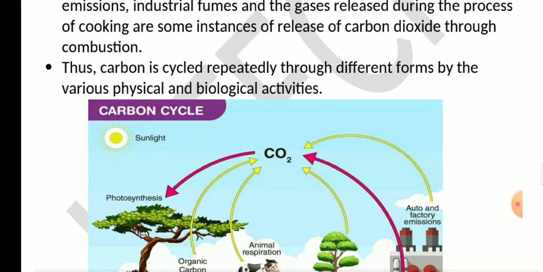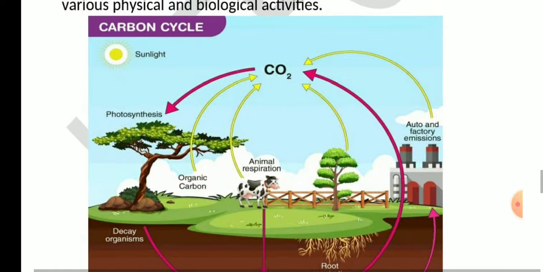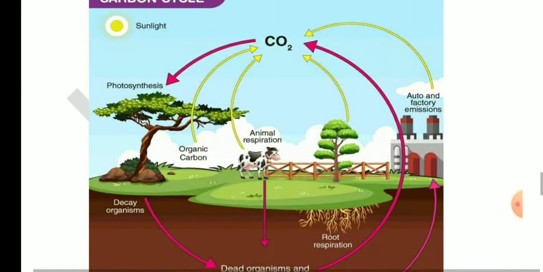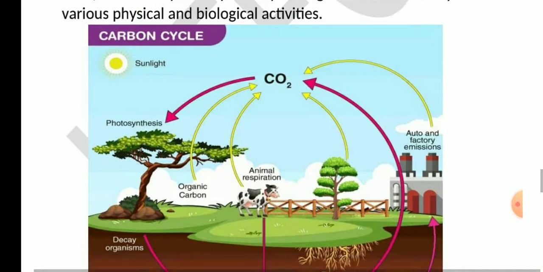Thus, carbon is cycled repeatedly through different forms by various physical and biological activity. So this is the carbon cycle and the diagram which you need to draw while solving this answer. Whenever in your exam any cycle is asked, you need to draw the diagram and describe it. Okay children, draw it very correctly and properly.